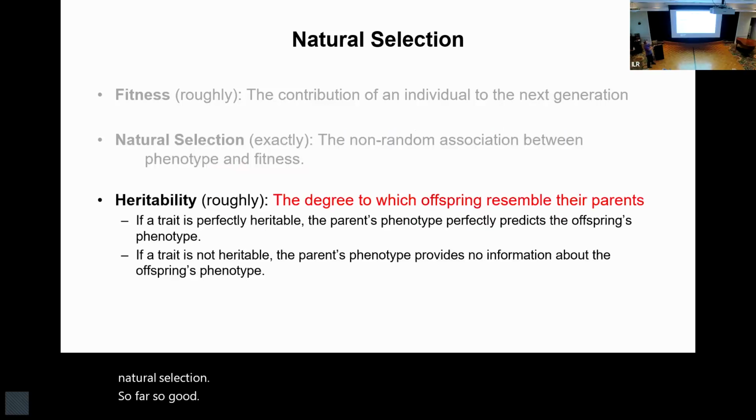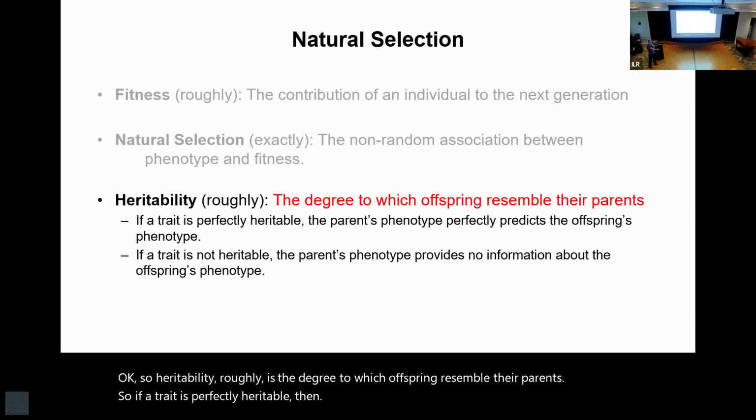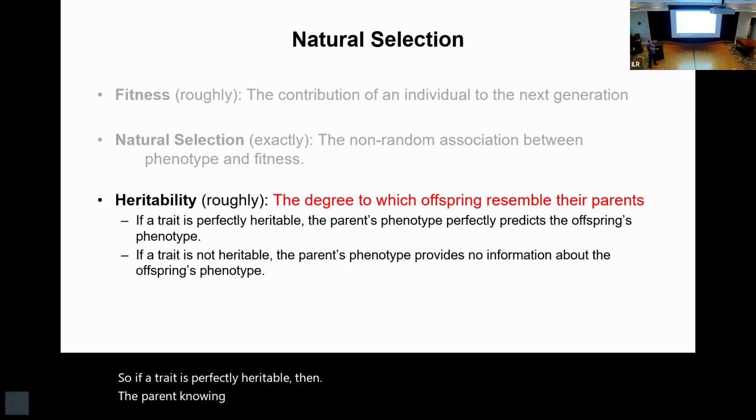All right. So heritability roughly is the degree to which offspring resemble their parents. So if a trait is perfectly heritable, then knowing the parent's phenotype, or the mid-parent perhaps, will perfectly predict the offspring's phenotype.